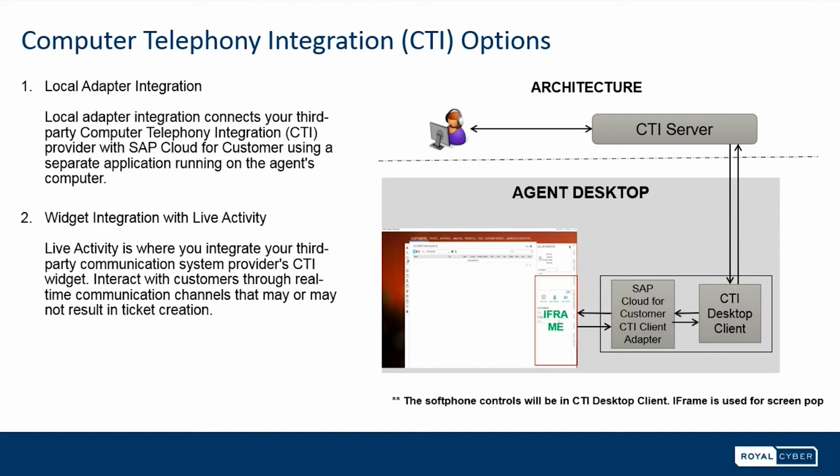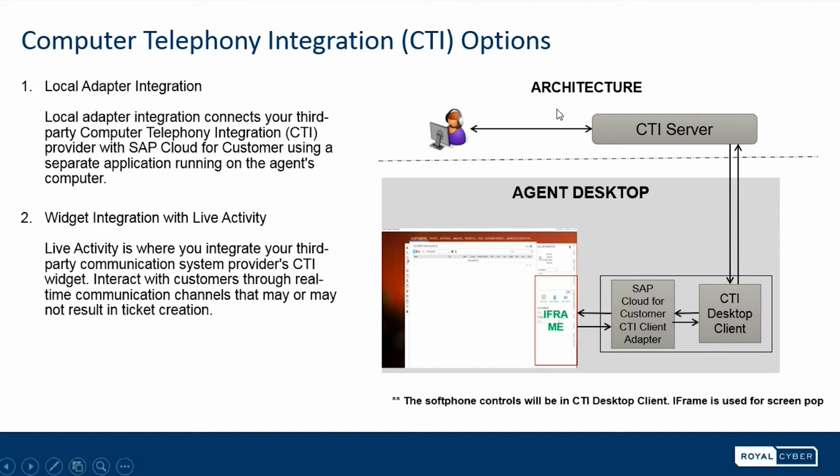The second option is widget integration with live activity. In this, the live activity will be integrated with your third party communication system providers, that is the CTI widget. In this, the customers will be interacting via real time communication channels that may or may not result in ticket creation.